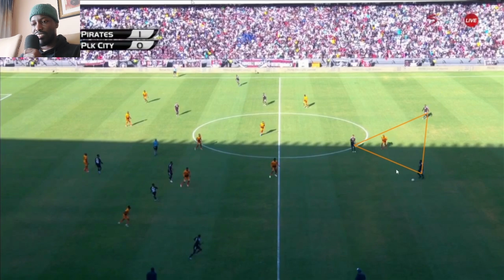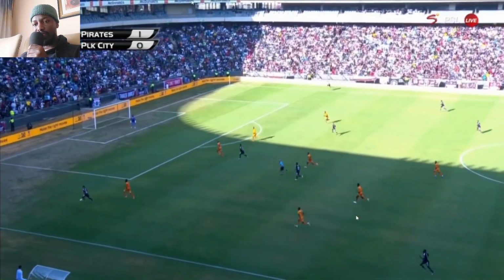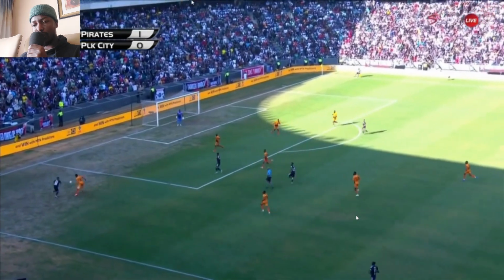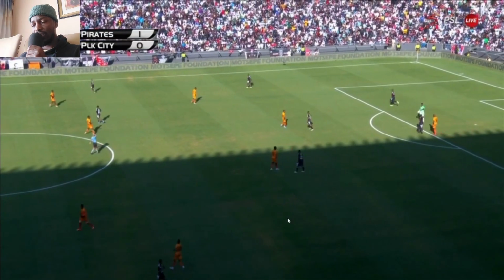So yeah, it's difficult for them to do anything with this, and it's easier for the Pirates defense to progress the ball. I think with much better quality, Pirates would cause damage. Even here, you see, a chance was almost created. It's just that the defender did well, but the chance was created.